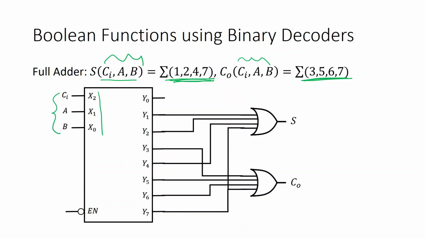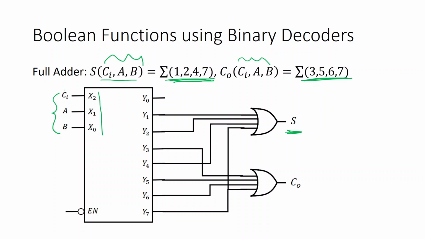And you know that for getting the sum, my output is high at the min terms 1 2 4 7. So whenever an input word combination corresponding to the min terms 1 2 4 and 7 is coming at the input, I must get a high output at the S output.